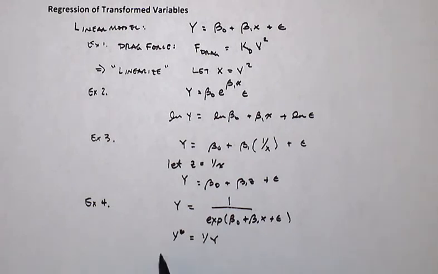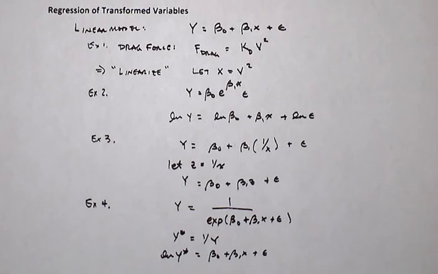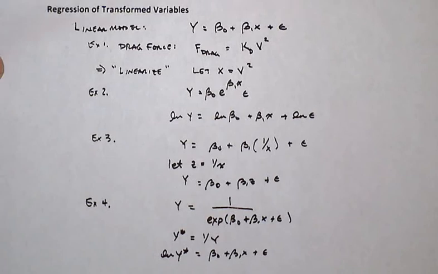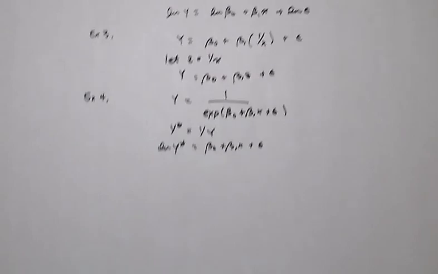There you'd have natural log of y star would be equal to beta naught plus beta 1x plus our error term. So there's a lot of different ways that we can approach it, but I again come back and caution you that you've got to really be thinking about how you could potentially misuse and abuse this kind of setting.